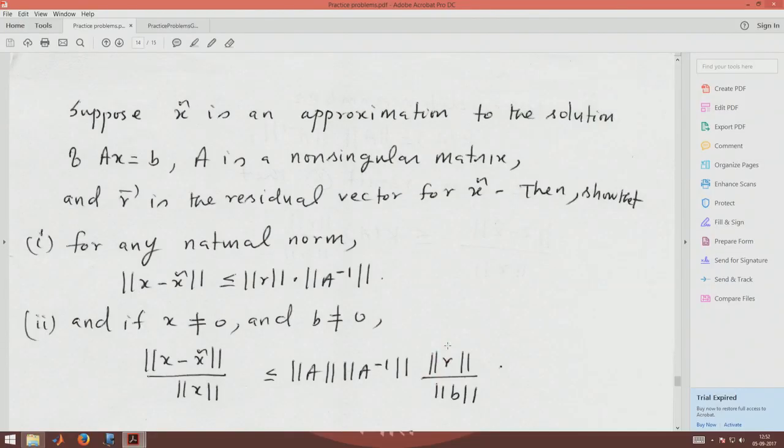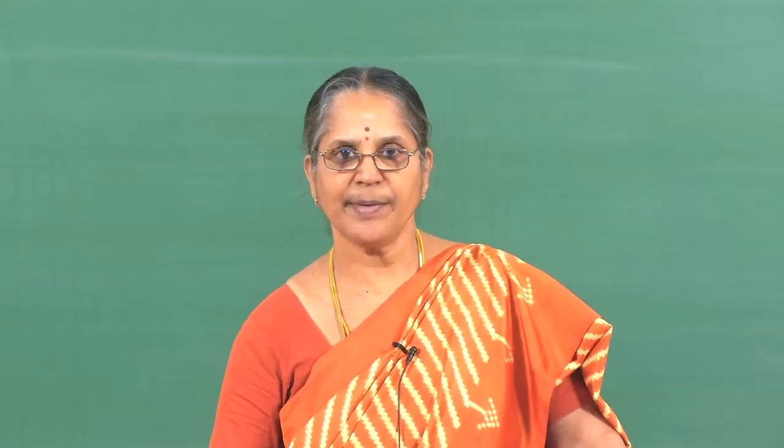Suppose that x tilde is an approximation to the solution of Ax is equal to b. A is a non-singular matrix and R is the residual vector for x tilde, that is R is Ax tilde minus b.